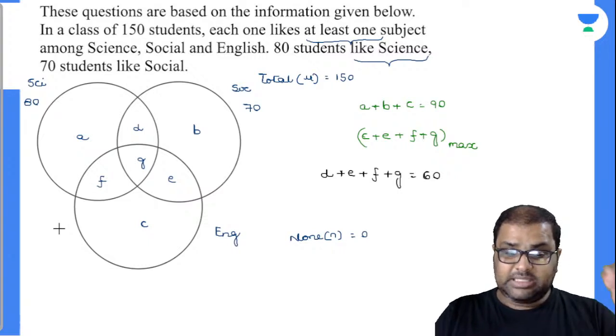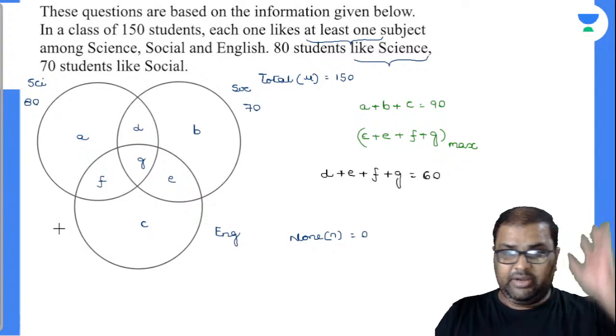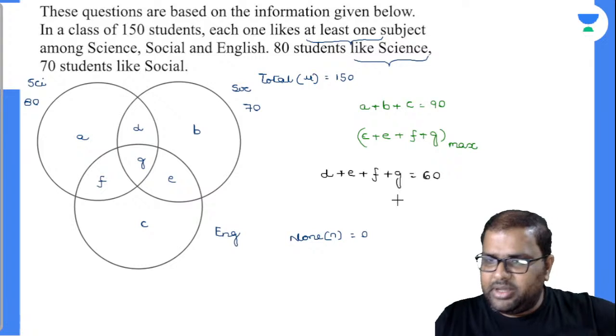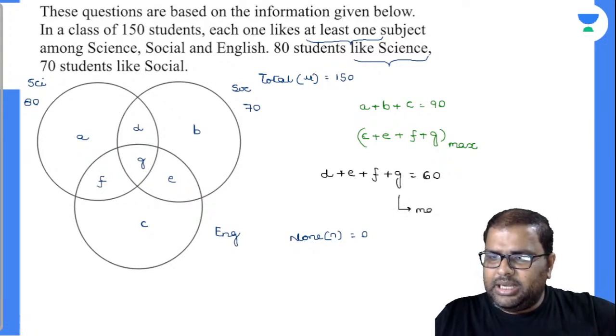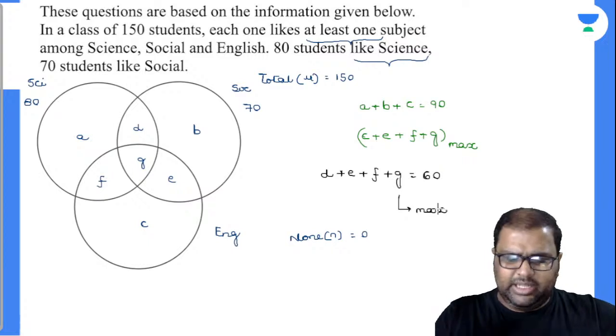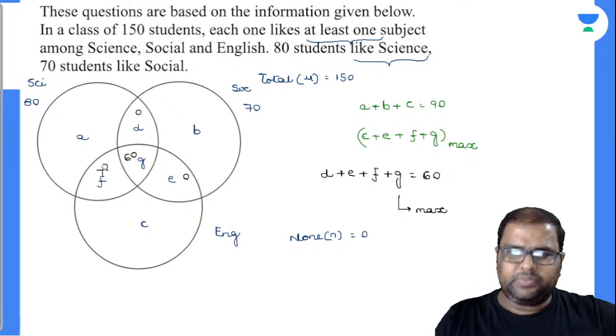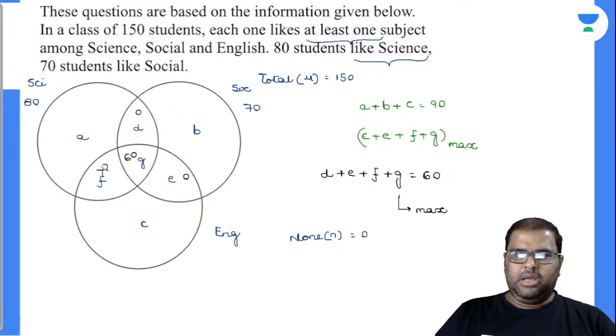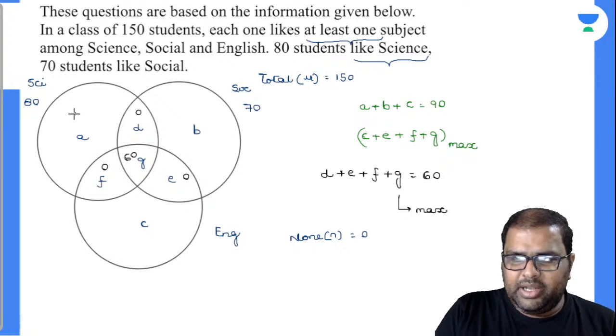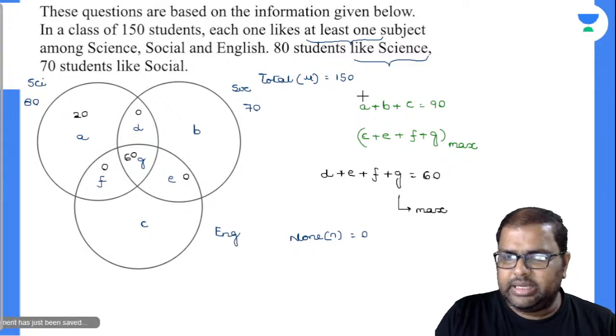As I said, I will start with G because it will be shared equally to all the axes. So I will take my G max value as 60. Let us see if it is not working out, then I'll go back. If I take my G value as 60, then my D value is 0, E value is 0, F value is 0. Am I right or wrong? And closely observe, my A value has to be how much? 20. Is it working out?